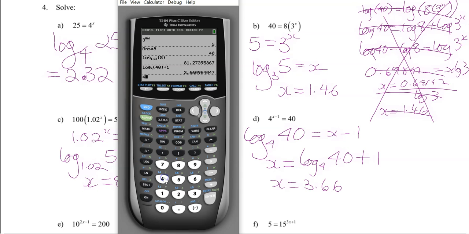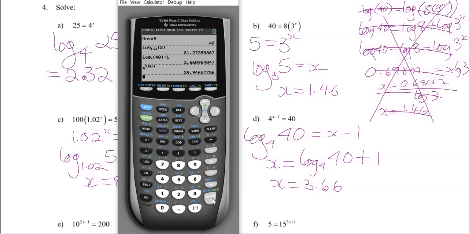So what if I did 4 to the power of 3.66 minus 1? If I just put that in, am I going to get exactly 40? Why not? Okay, because we rounded, right? We used a rounded value.